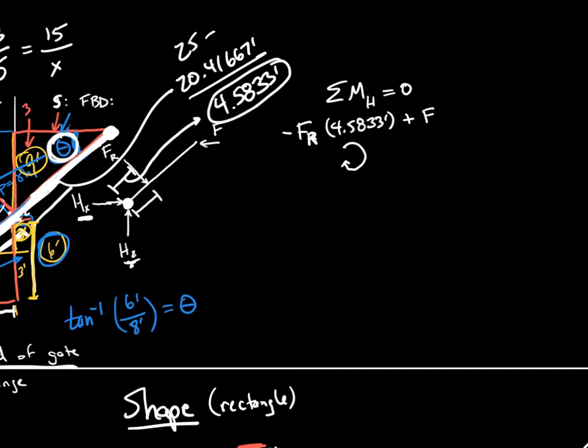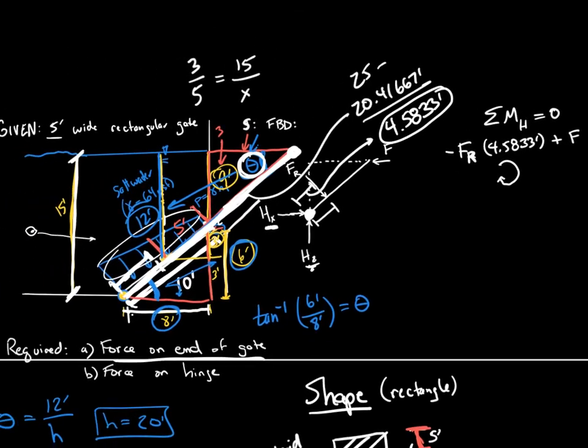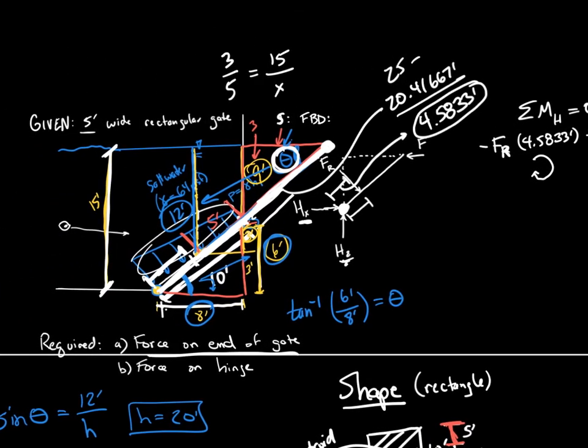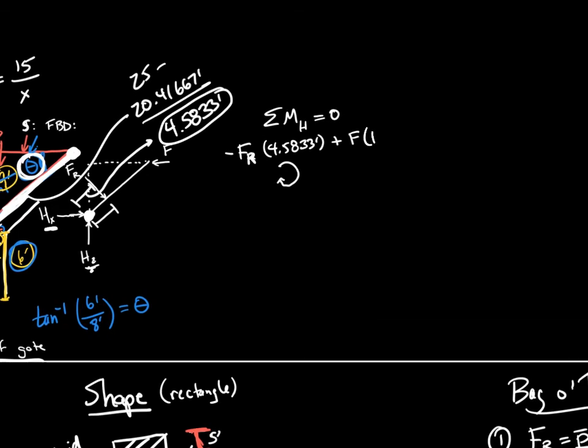There's two ways to deal with that moment arm. The way I recommend is doing a projection of that force this way, so that F is now at a right angle to our fulcrum. Then we need the vertical distance to where F is. Over here, that vertical distance is 15 feet. So F times 15 feet equals 0, noting that this one is positive because it's going in that direction.